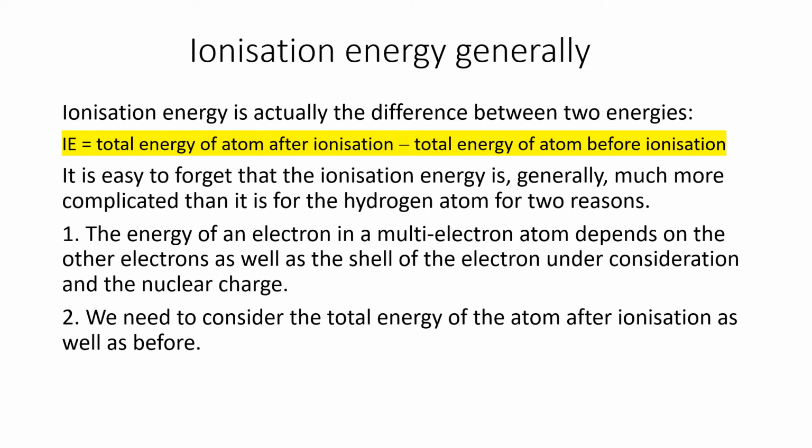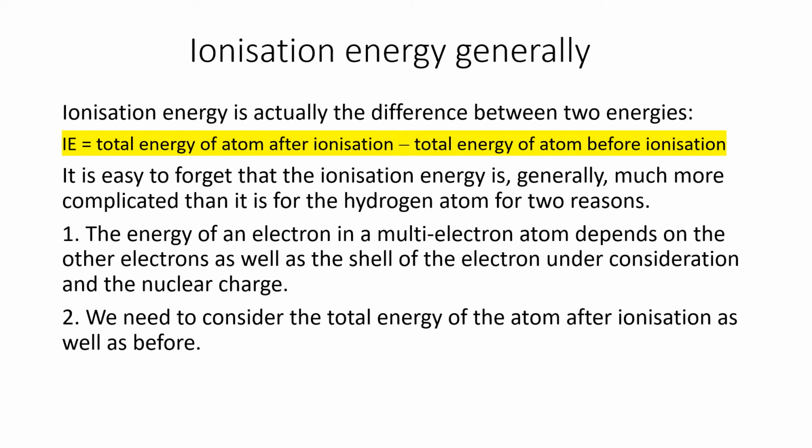So in a multi-electron atom, if you remove one electron, not only is there the energy required to lift that electron up to the, if you like, E equals 0 ionisation limit, but having removed that electron, all the other electrons in that shell and in outer shells will experience a different amount of shielding, because the shielding contribution that was there before from that electron has gone.